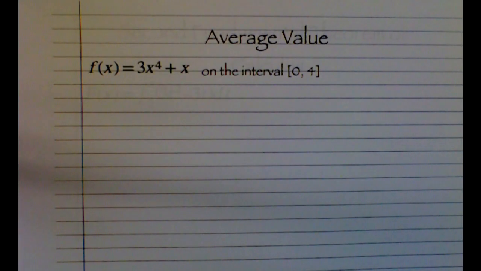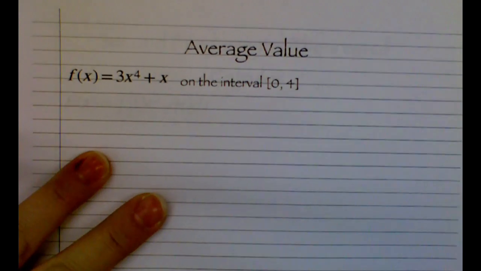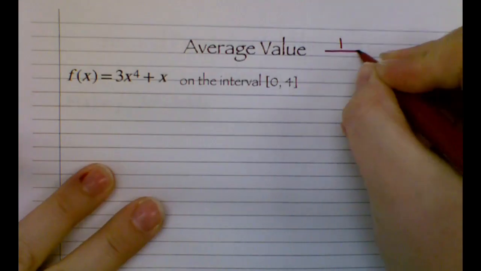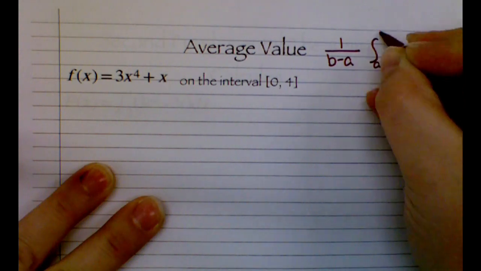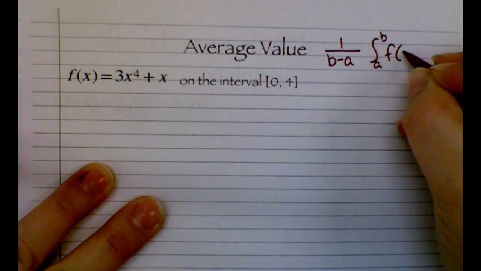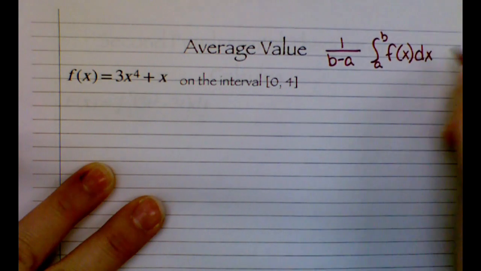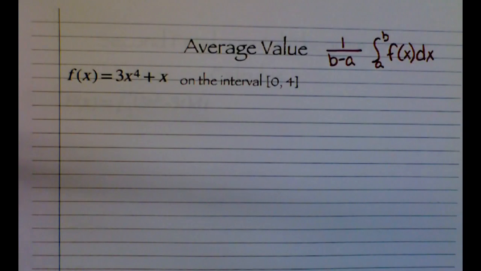Average value. We have a formula for the average value of a function over an interval. The average value formula was 1 over b minus a times the definite integral from a to b of our function dx. So that's what we'll do to find this average value.